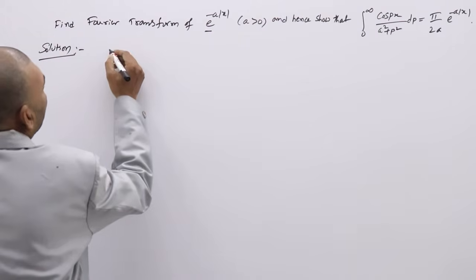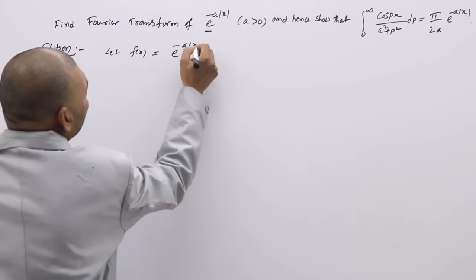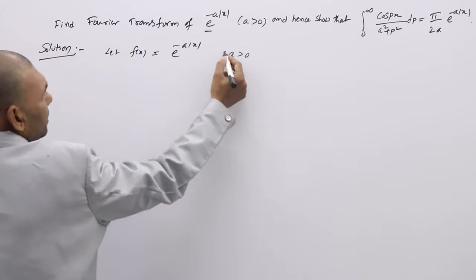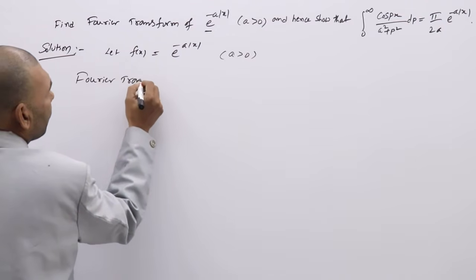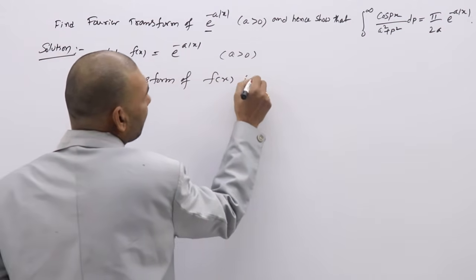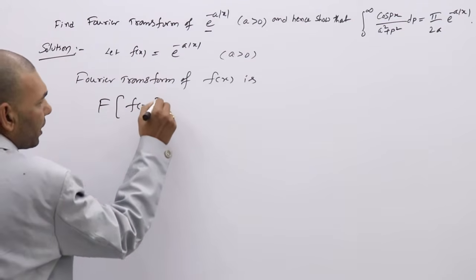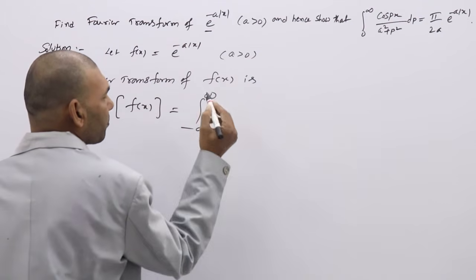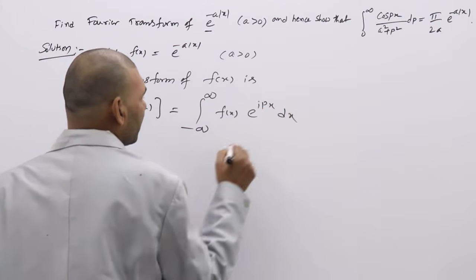For that, let f of x, we are taking this one as f of x for a greater than 0. Next, the Fourier transform of f of x is capital F of small f of x, which can be written like this: integral minus infinity to infinity f of x into e power ipx dx.